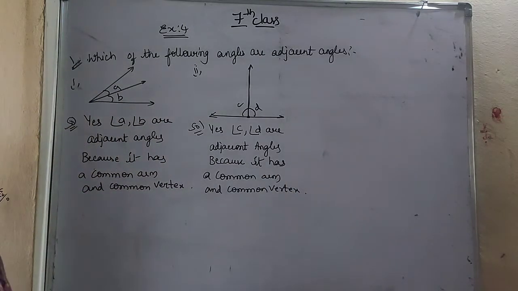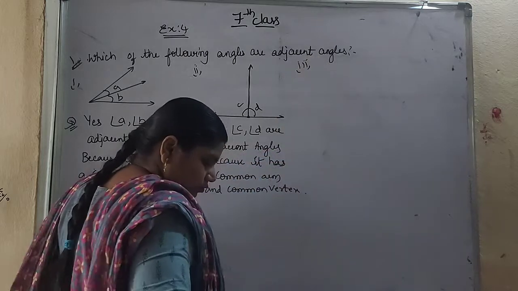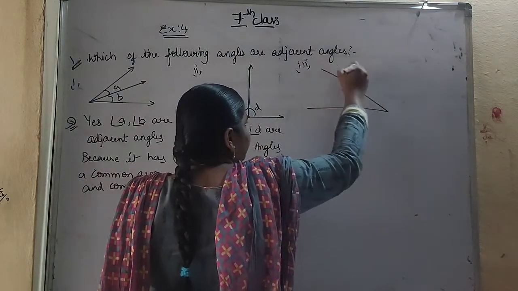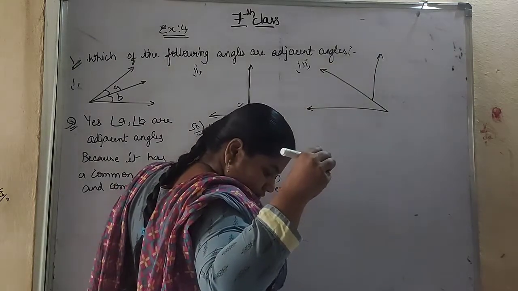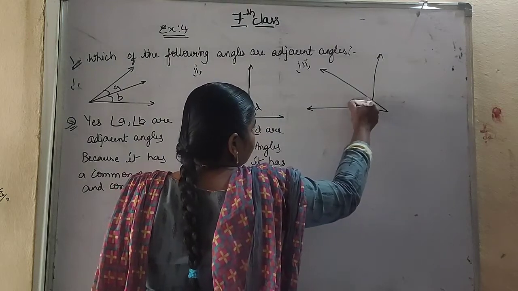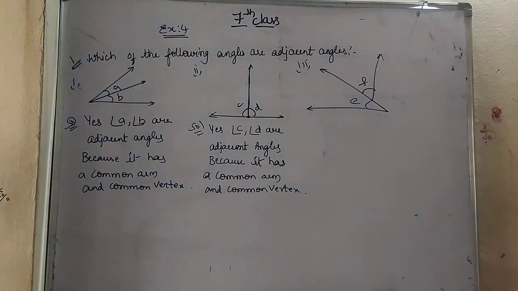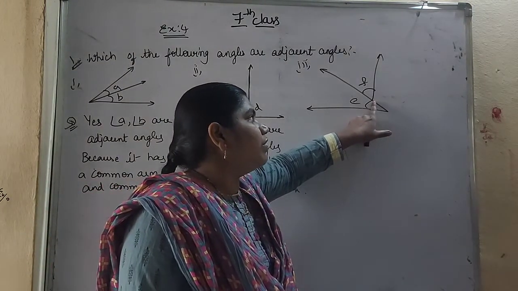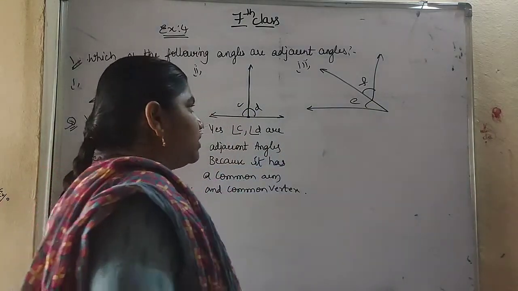So this is our second one. Next, the third one. It is in this way. Can you say this angle E and angle F are adjacent to each other? No, because it does not have a common vertex. So that's why it is not an adjacent angle.